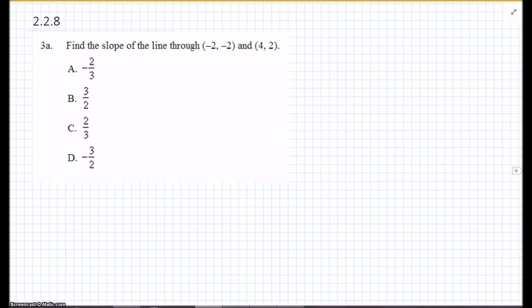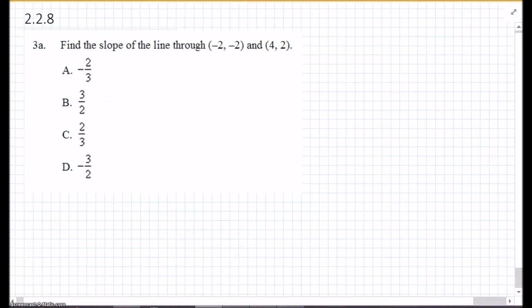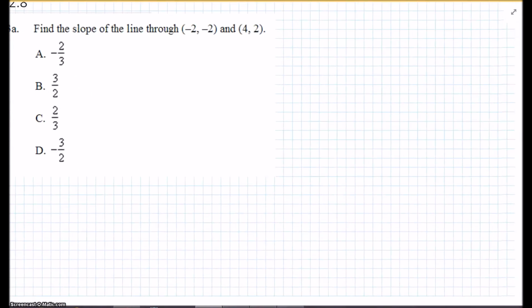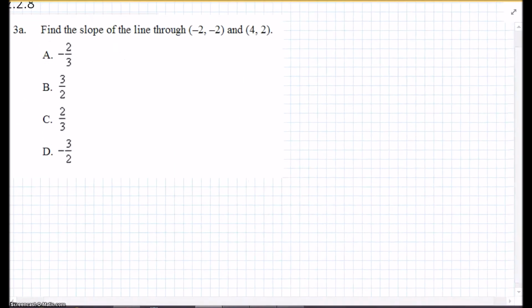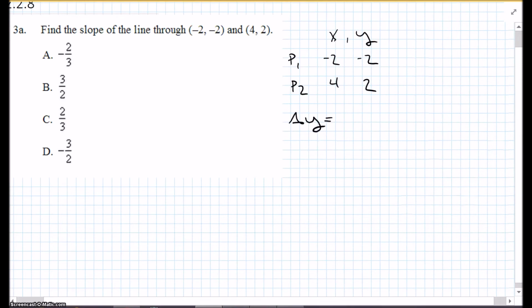Easy stuff. Find the slope of the line that passes through (-2, -2) and (4, 2). So let's go x, y: point 1, (-2, -2), and point 2, (4, 2). So what's my change of y's? It'd be 2 minus -2.